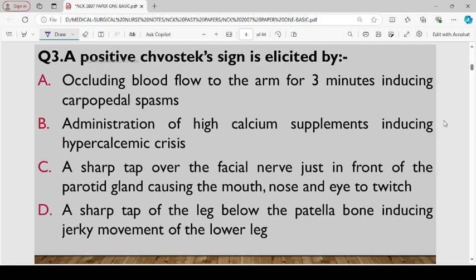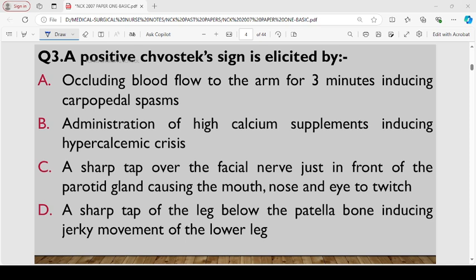A positive Chvostek sign is elicited by, we have option A up to option D, which option is giving us the best option. You have a minute. All right, guys.